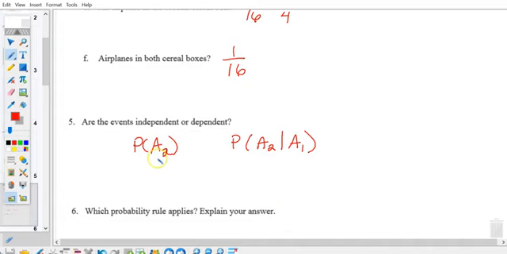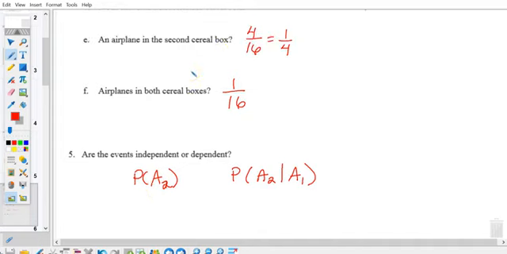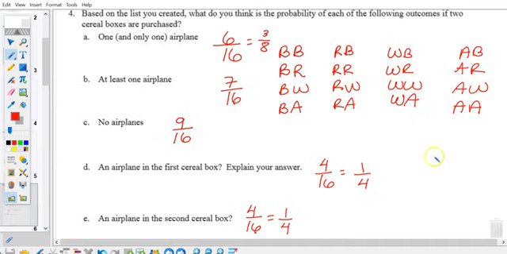So an airplane in the second box, we got that here, it was 1 over 4. Given a second airplane, given it was in the first box, so that given reduces us just to this sample space of 4 events.